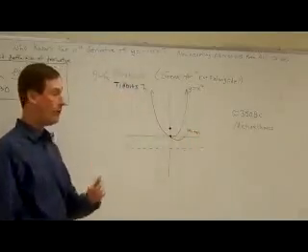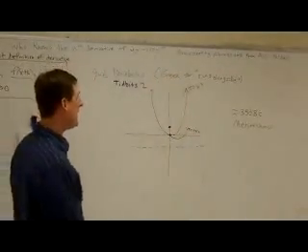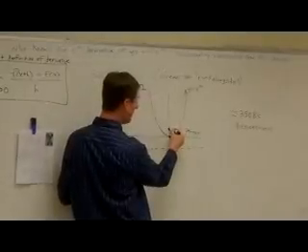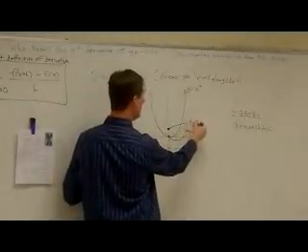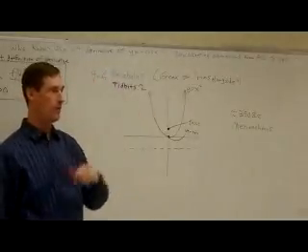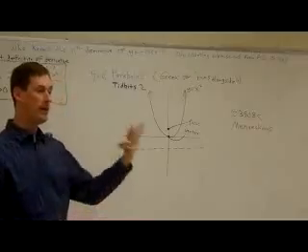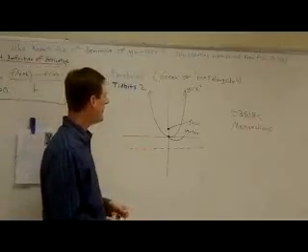Every parabola has one vertex. It's either at the bottom or at the top if it's upside down. Now, this thing floating in space over here is the focus. We don't have foci today because there's just one focus, unlike the ellipse and the hyperbola that have two foci. So focus, vertex.